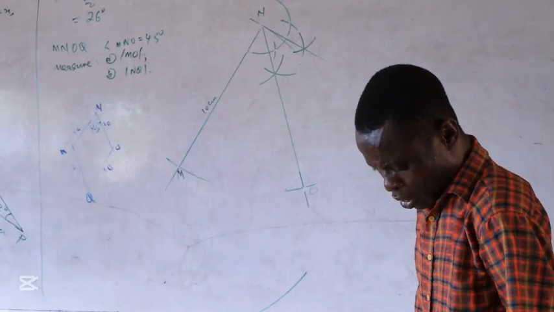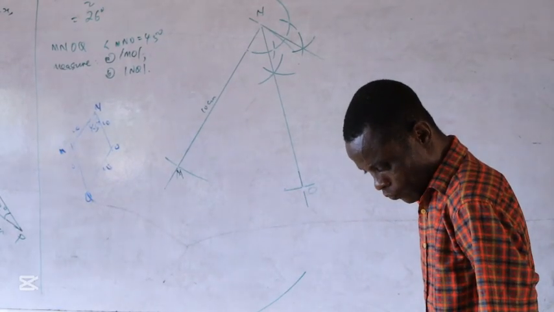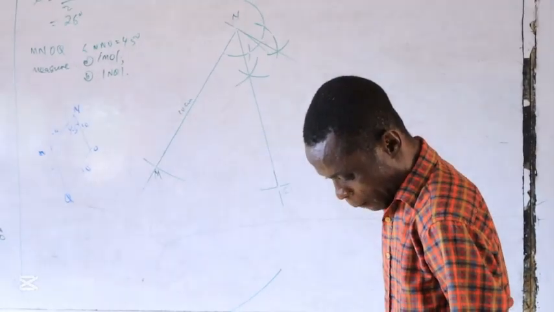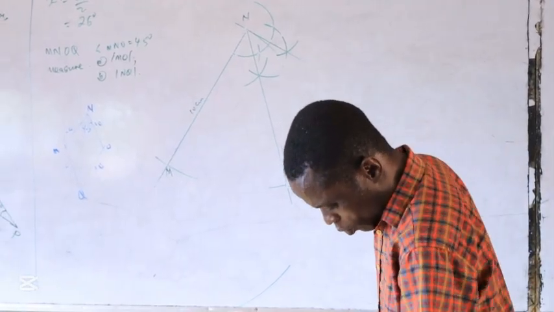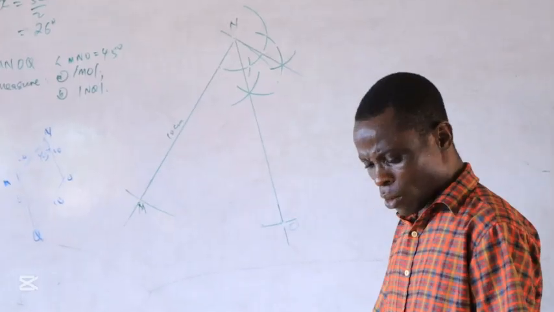Now the next question is on similar triangles. We have a lot of diagrams in this question.